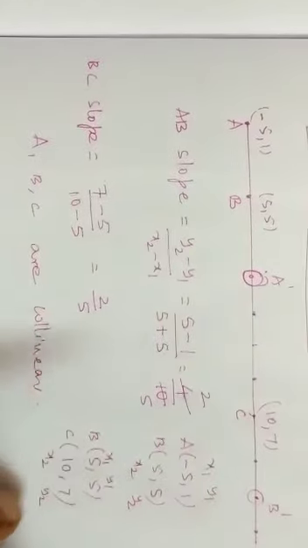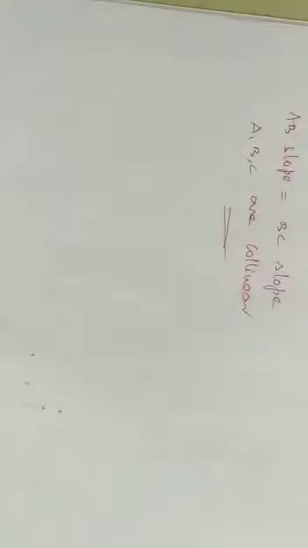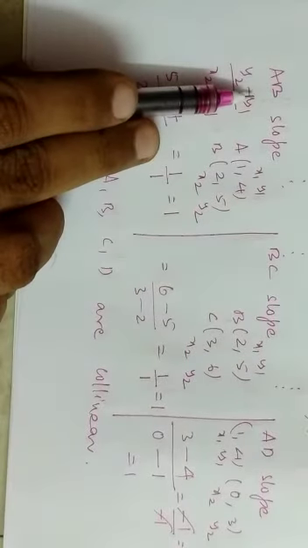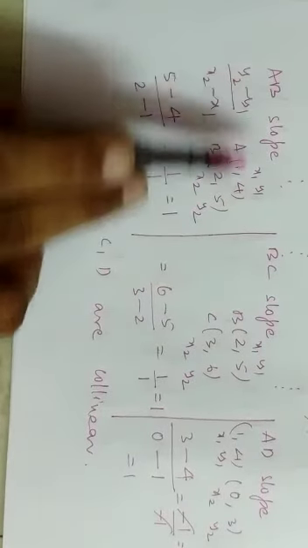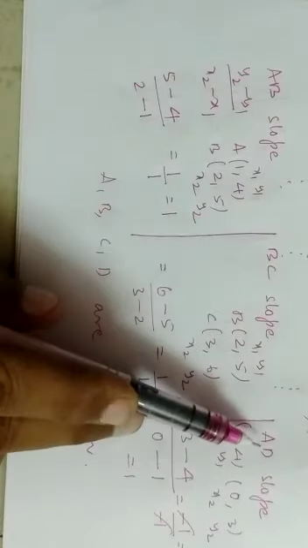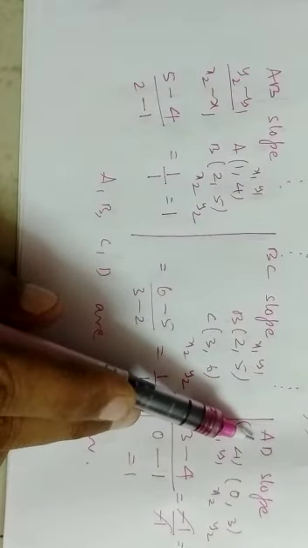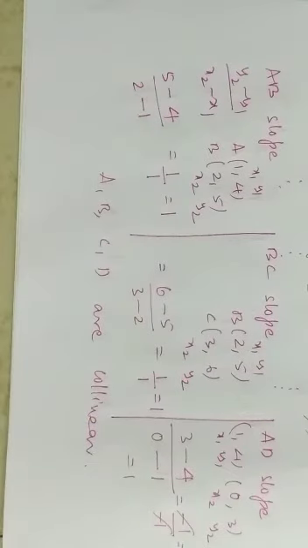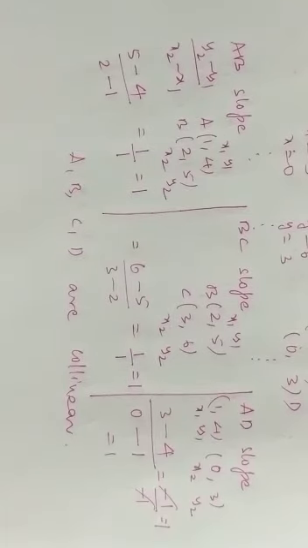If 4 points are given, find 3 slopes, AB slope, BC slope, and here you can take CD slope or AD slope. If the 3 slopes are equal, then the points are collinear.